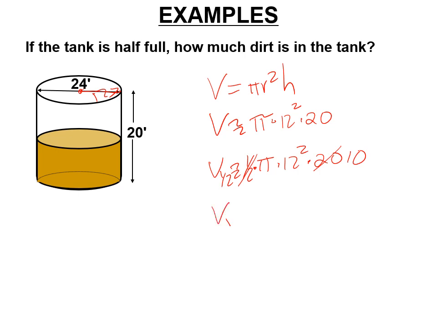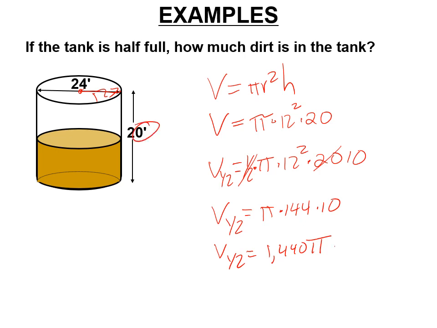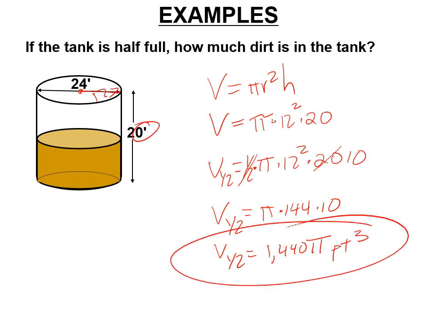So now the volume of half would be, since I put pi, I can stop using approximate, pi times 144 times 10. 140 times 4 times 10 is 1,440. So it is 1,440 times pi. And that's 1 mark, so it's cubic feet. And since I didn't say approximated, I can choose to get the exact answer and save myself a little work.